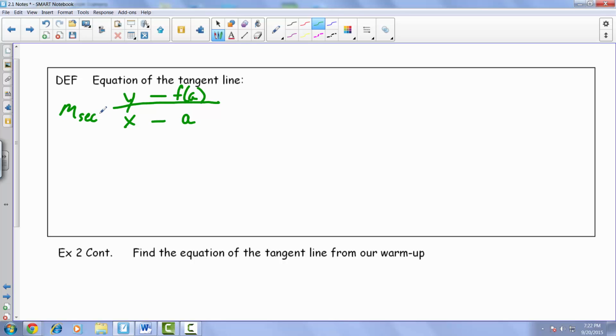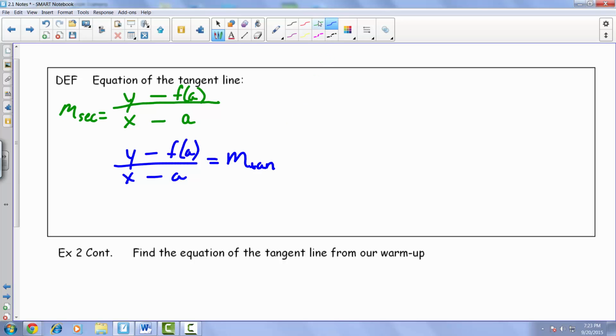Now it was our hope that eventually this slope came out to be our tangent slope, and we did that through our limits. So eventually, applying our limit, we ended up with this slope coming out to be our tangent slope. And again, that was through our limit process.